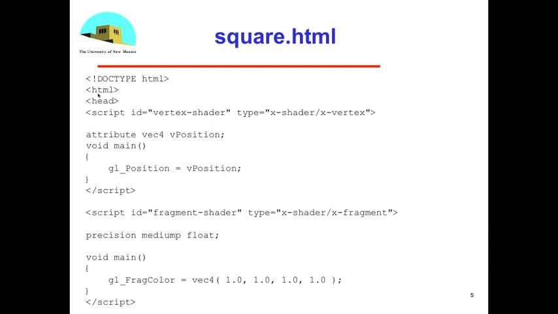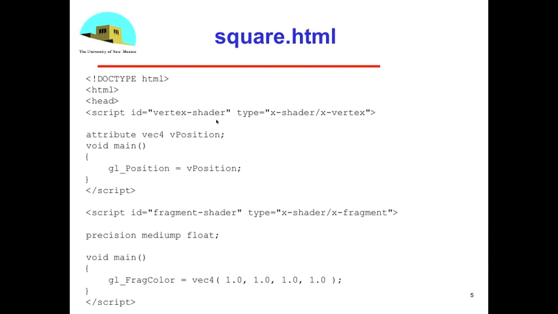The 2 important things: one, we say it's HTML, and second, we say what follows next is a script tag, which says a couple of things. First, it gives it an ID, and the reason it's given an ID is that I want to be able to refer to it in the JavaScript file. So this ID is associated with this script, and it's just saying it's the vertex shader.